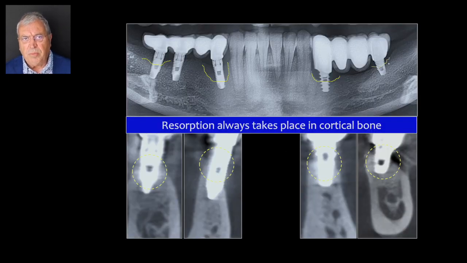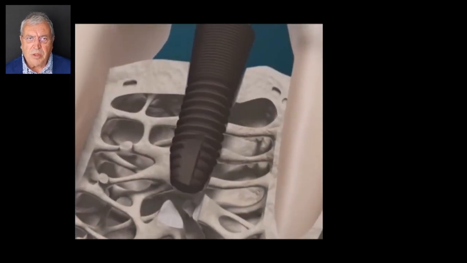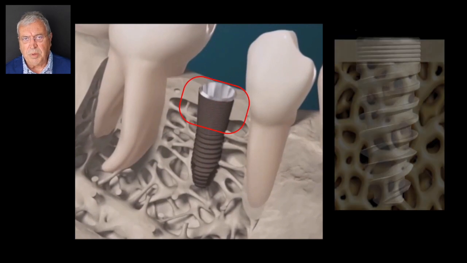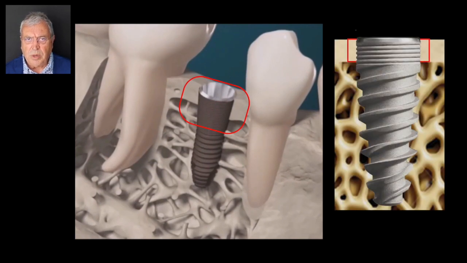If we take a look at the implants with Peri-Implantitis, we will see that the resorption always takes place in the cortical zone. When we place an implant, what is the critical zone? It's the cortical zone, because this bone has no plasticity.